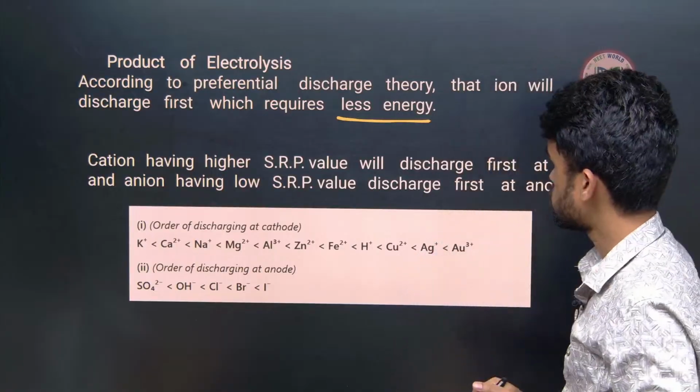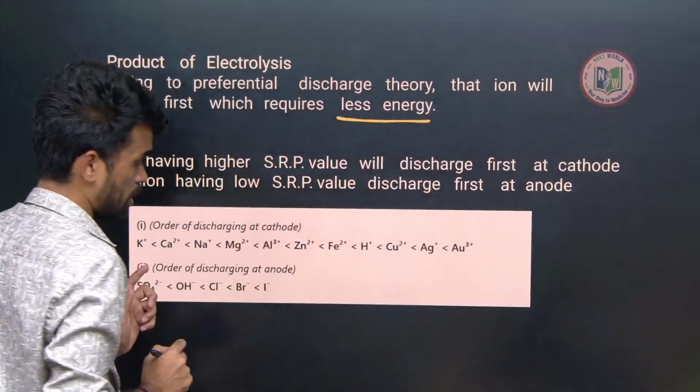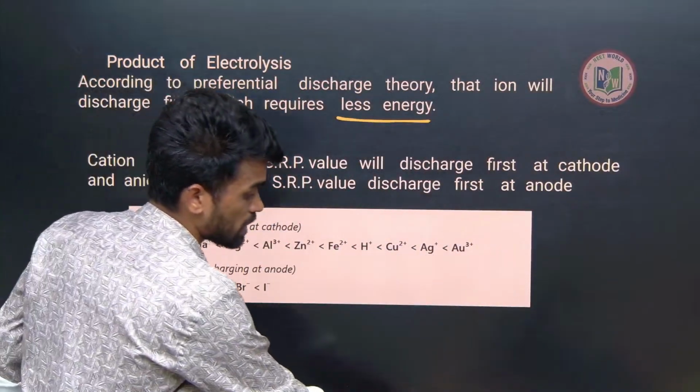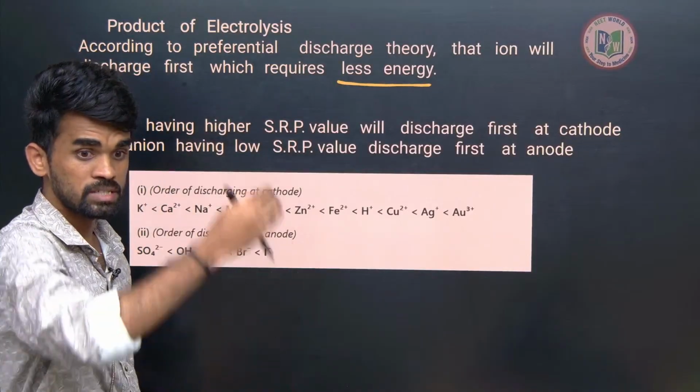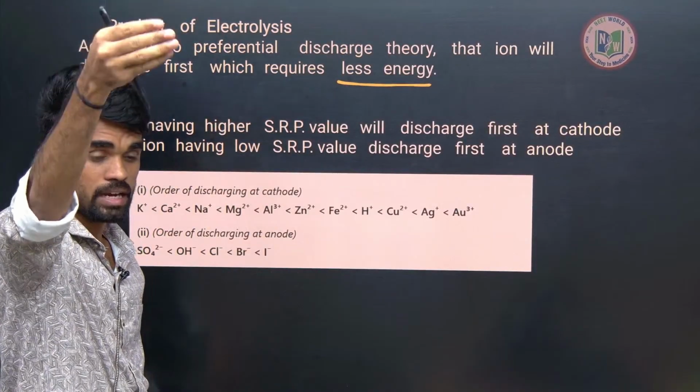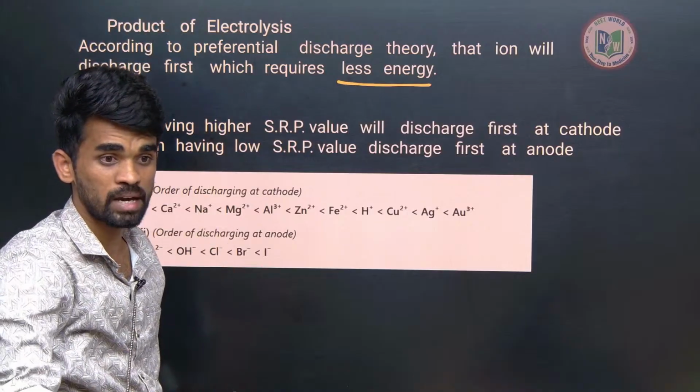As per the table, tell me, which has more reduction potential? Fluorine has the higher value, and oxidation potential is more for lithium.